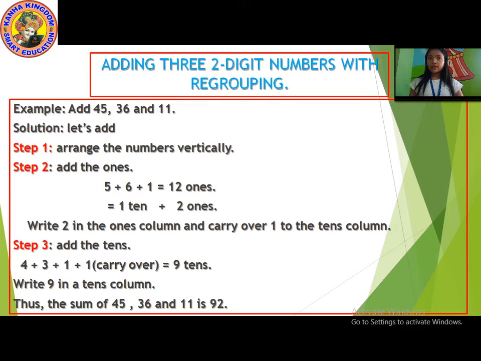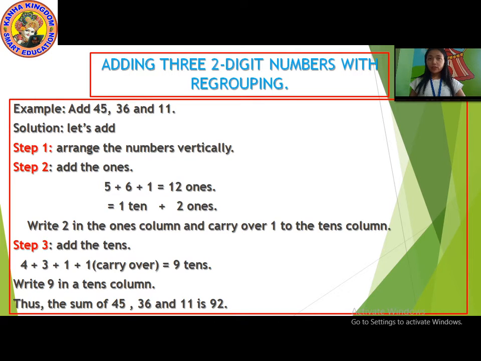Okay student, see, adding 3 two-digit numbers with regrouping, the second step is add the ones. So we take 3 digits, that is 5, 6 and 1. While adding these 3 numbers, we got 12, right? So 12 ones, because we are adding ones.